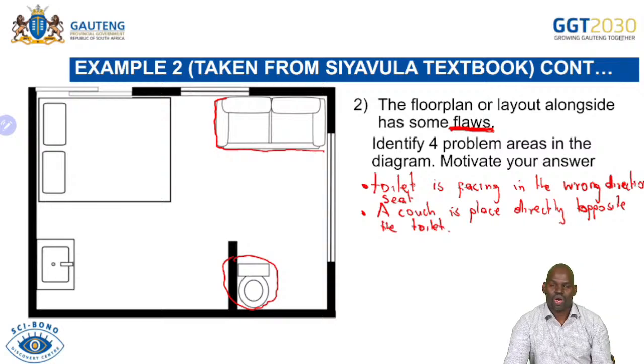You would not prefer that, if a person is sitting there and can see what is happening in the toilet. So privacy is needed there. So the couch is probably placed at the wrong place.